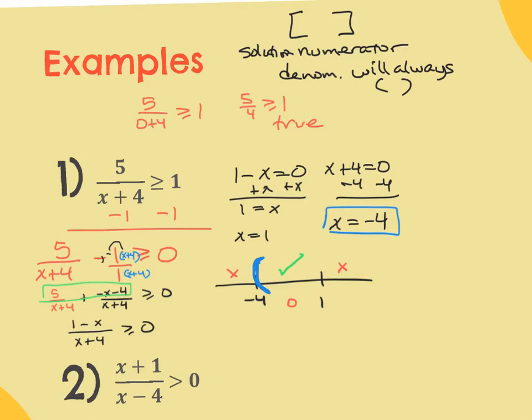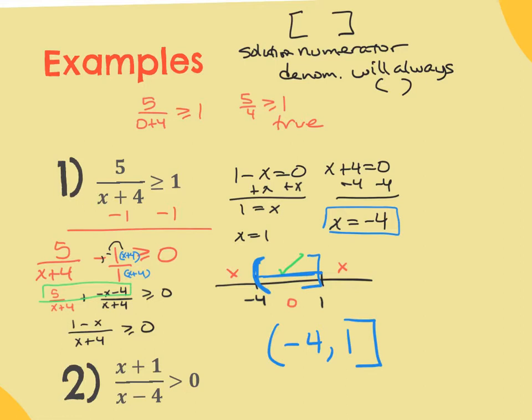When it's the bracket, it means it includes it and everything that's either less than or greater than. So now for the 1 though, it gets the bracket and then you join it. So in interval notation, it'll be a parenthesis around -4, but a bracket around +1.